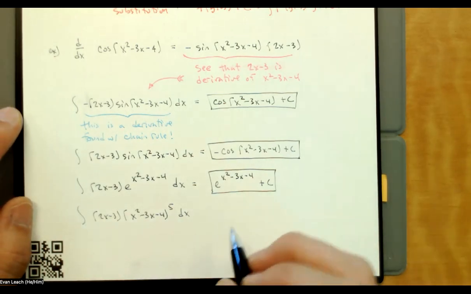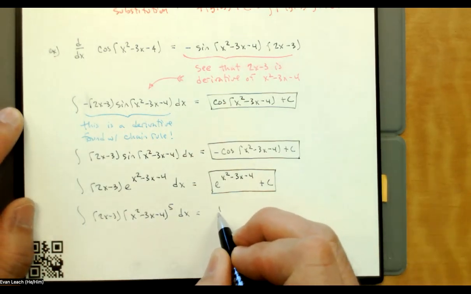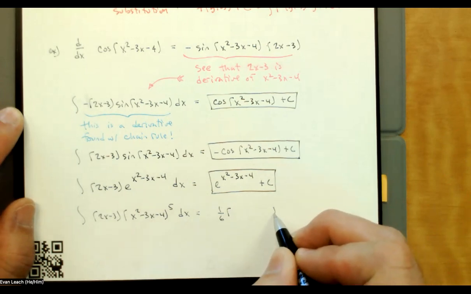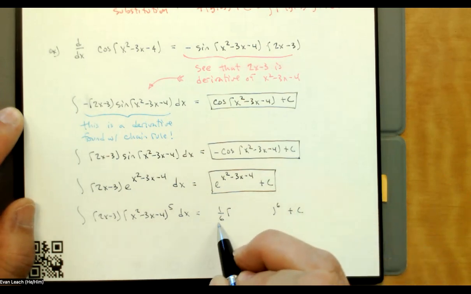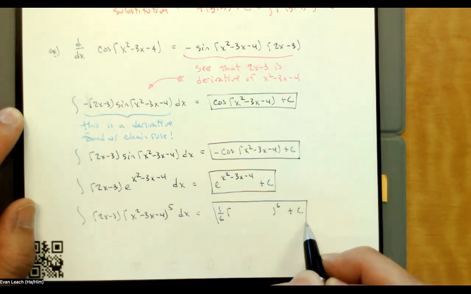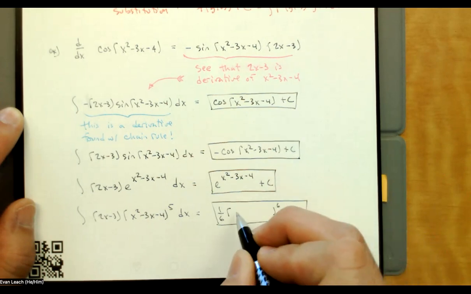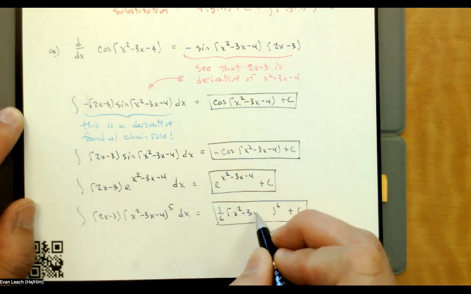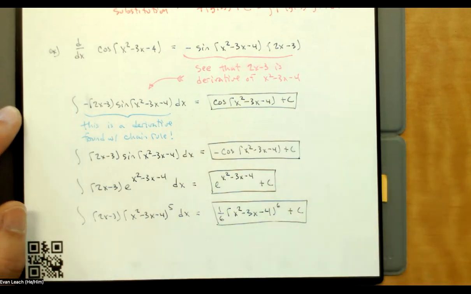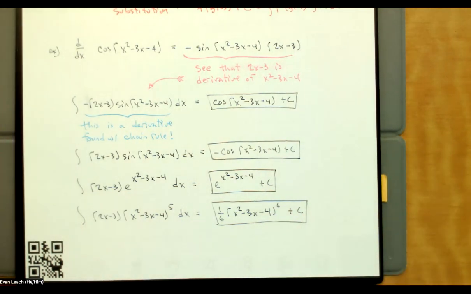And the integral of something to the fifth power is 1/6 that thing to the sixth power. We can check: the derivative of 1/6 stuff to the sixth power is stuff to the fifth power times the derivative of the stuff.